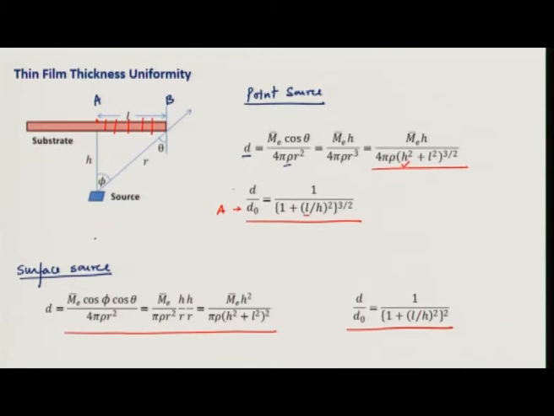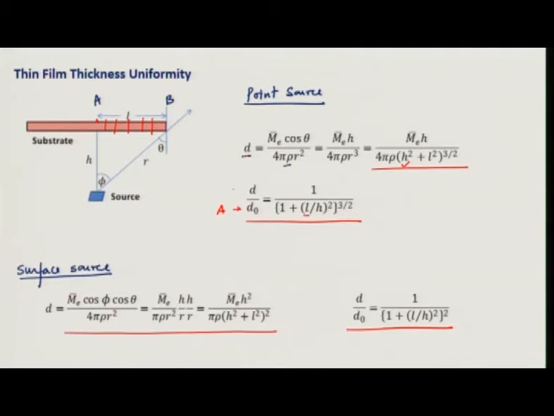So, if we keep the source away from the substrate, we can have more uniformity, but then my deposition rate will slow down, because this H is in the denominator also. So, my D would be small.